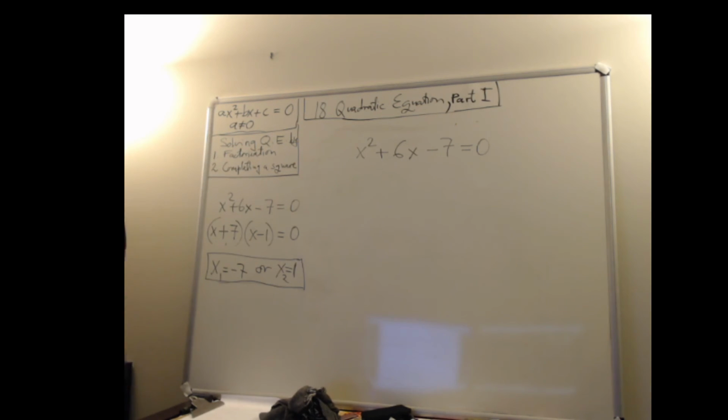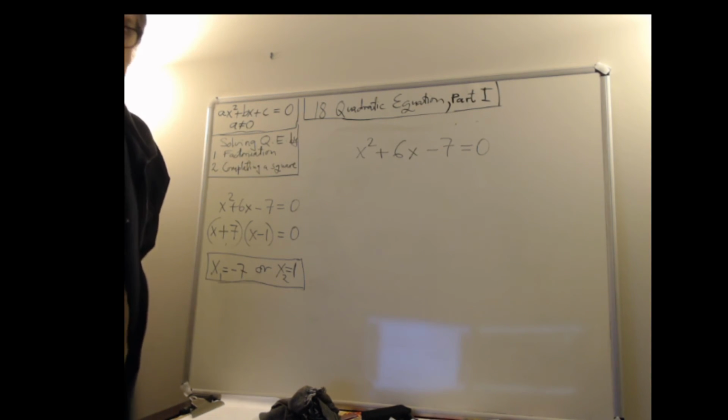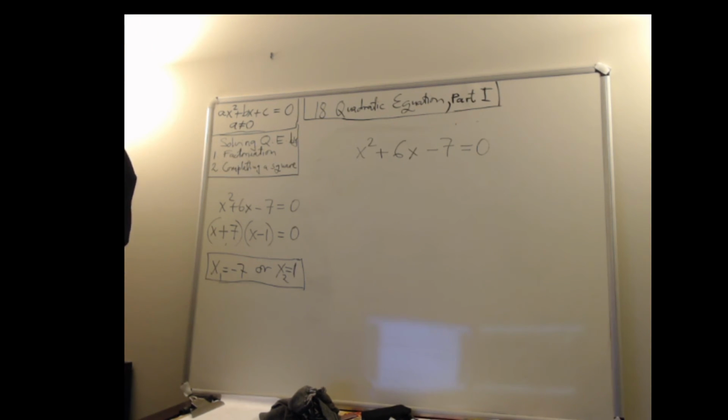The second method will work every time. So the second method is the universal method. The first method works when you have something you can factorize. When you have something that you cannot factorize, as in primes, it's not going to work.